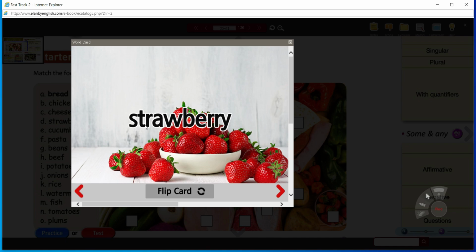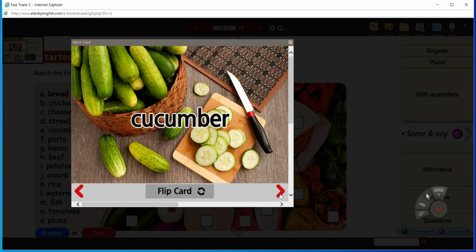So the word is strawberry, and we'll be giving you the singular form in each of these pictures. So we have many strawberries in this picture. Cucumber. So many cucumbers and many slices of cucumbers.